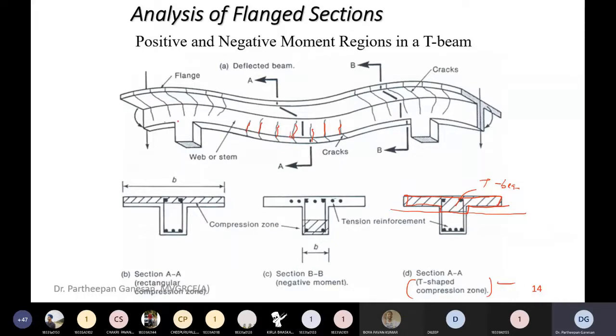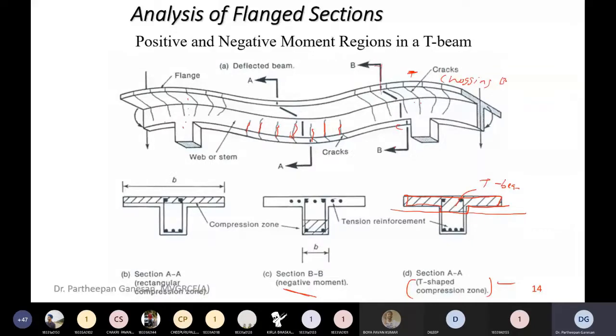Now if you see here at the support point, this is your section BB. Remember, at the support point there is tension at the top and compression at the bottom, because this is the negative bending moment or hogging bending moment.